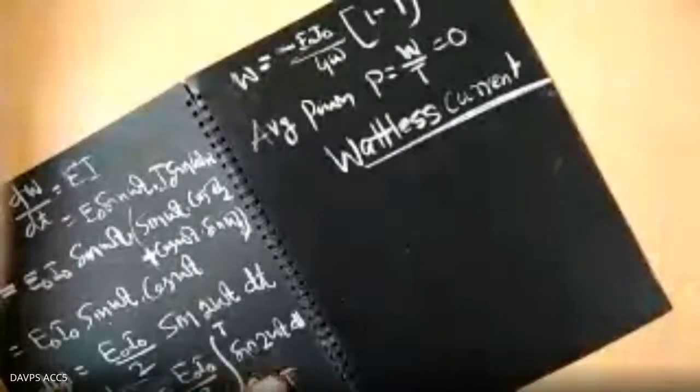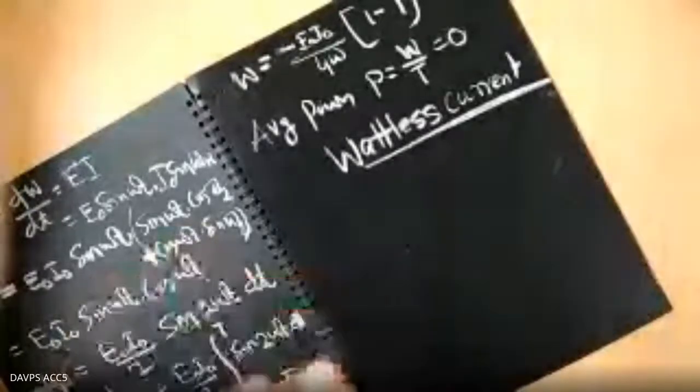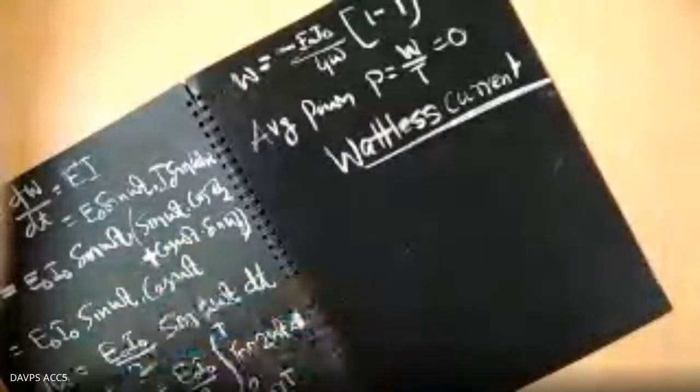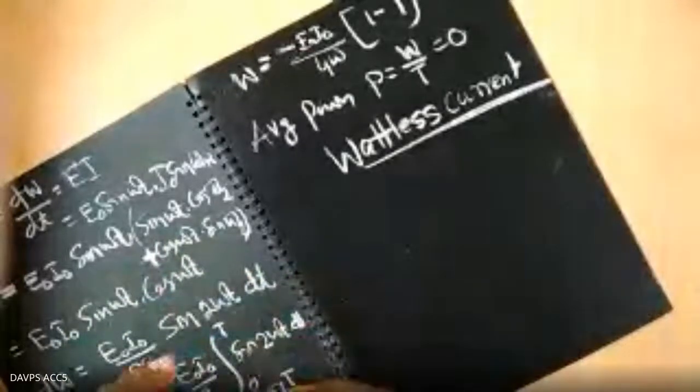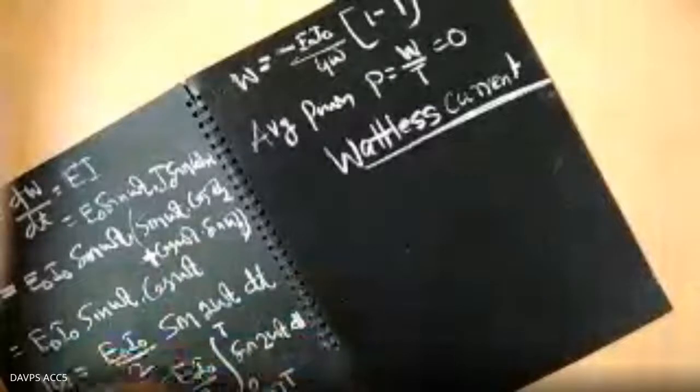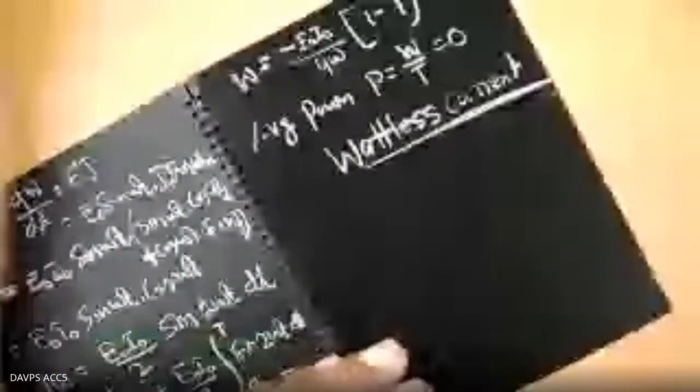You must be wondering, the current is there, voltage is there, but the current does not contribute to the rate of doing work, that means power consumed. That is why this type of current is called Watt-less current.